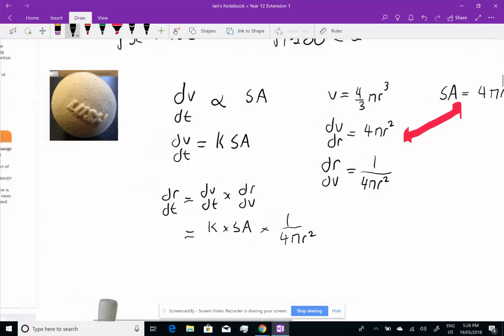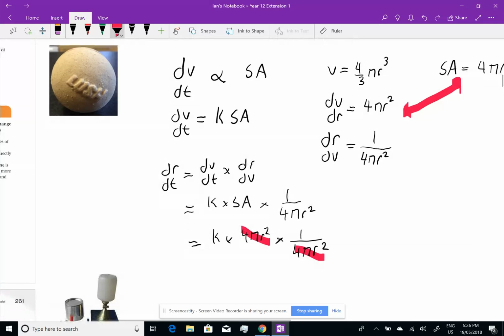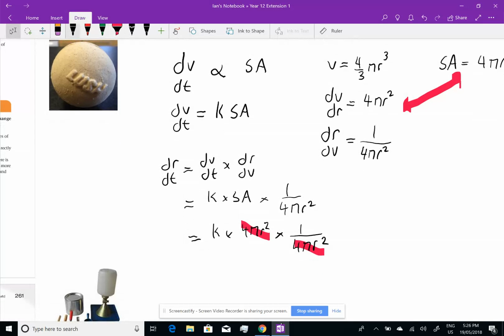Okay, so let's go back here. So dr/dt equals some constant times the surface area, 4 pi r squared, times dr/dV, which we know is 1 over 4 pi r squared. That's all going to cancel with that, leaving us with a constant.